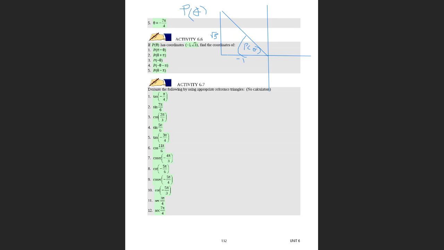Okay, now let's go on. So we're having -1 and √3. Now it says that we must find P of pi minus theta.